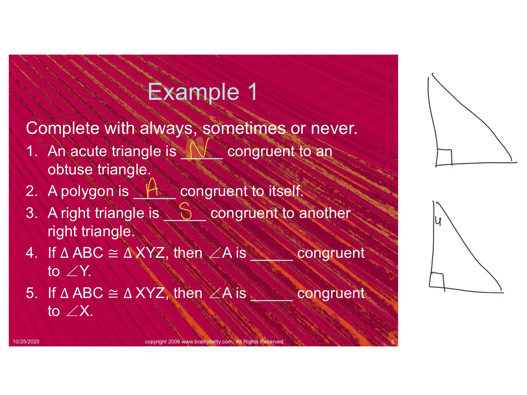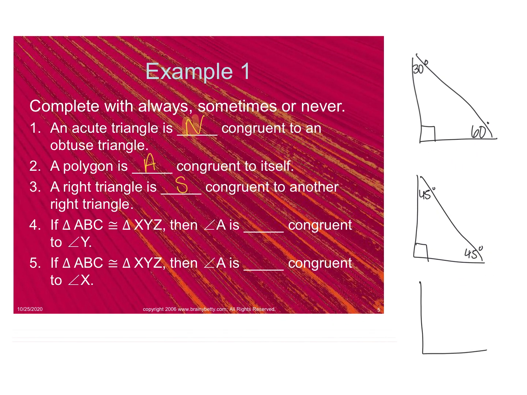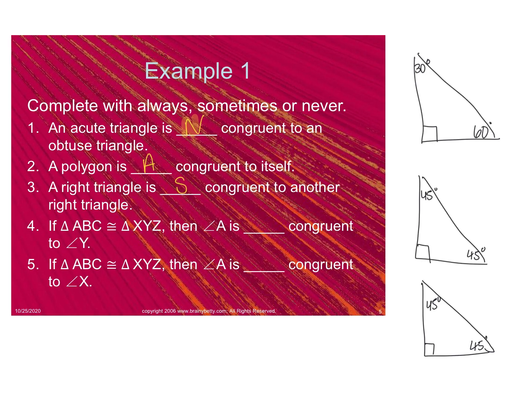So I can have 45 degrees, 45 degrees, and then this one, for all we know, could be 30 and 60. So these are two right triangles, but they're not congruent, okay? They're not equal. They're not the same. So sometimes right triangles could be the same. So again, if I were to draw another right triangle with 45 and 45, yeah, obviously they're equal, but my answer for that would be sometimes.